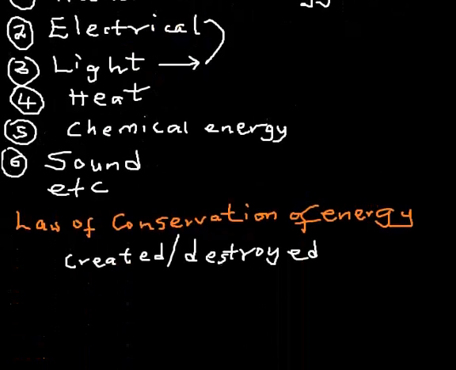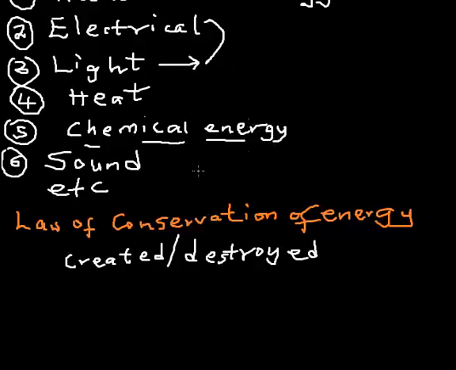For example, let's take a typical example. Chemical energy, that is, of course, stored by a battery. So when you connect a wire across that battery, that's chemical energy. Of course, you connect wire across the battery, then you connect the wire across a bulb. All right.